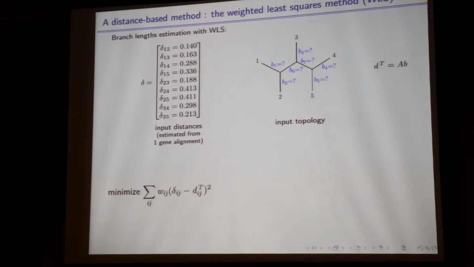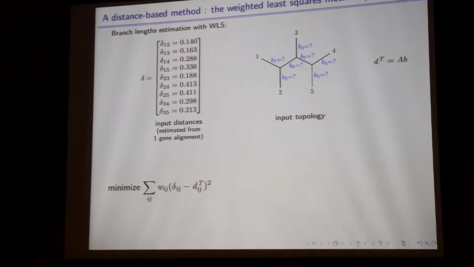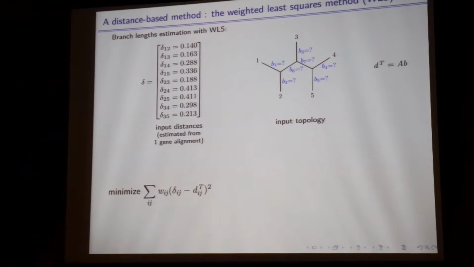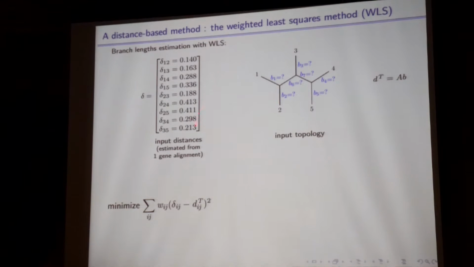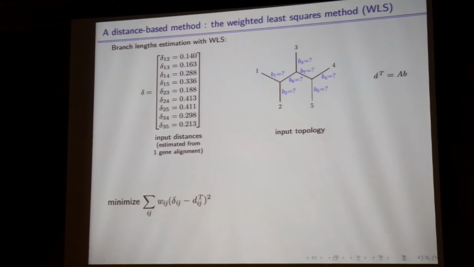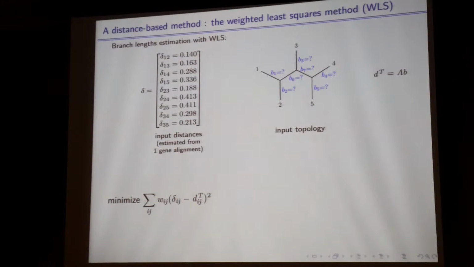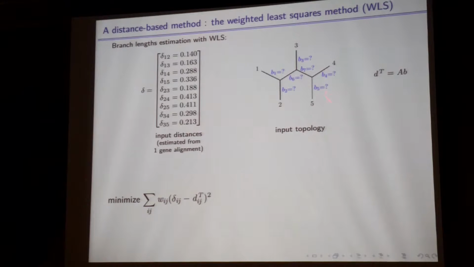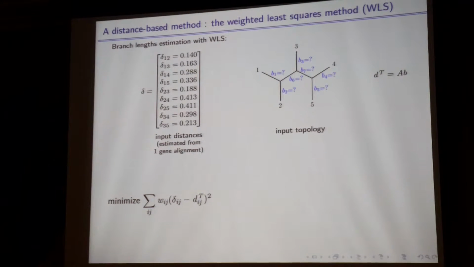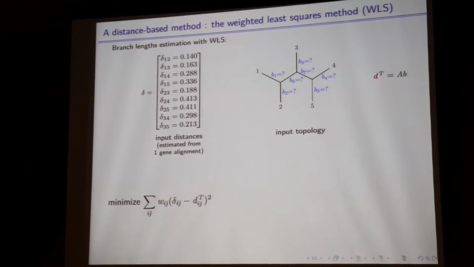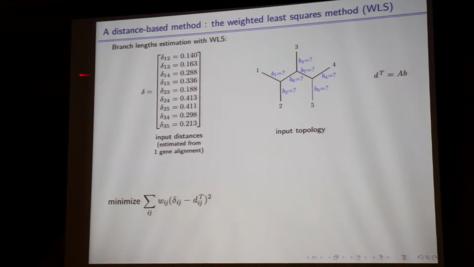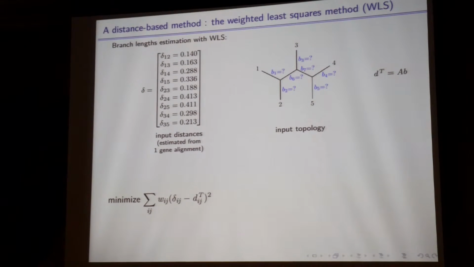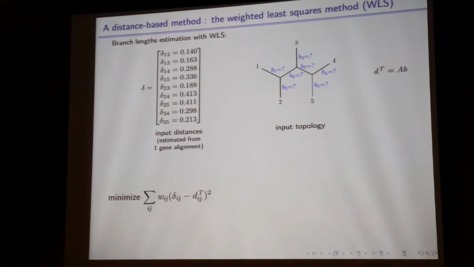And if we come back to our problem of estimating branch length, this is for when we have only one gene as input. It's usually done with the weighted least squares method, and the aim of this method is to find the branch length that gives the tree distances as close as possible to the input distances, minimizing this criterion.